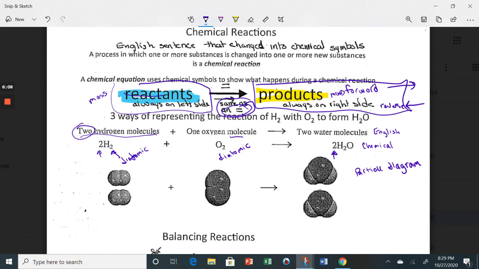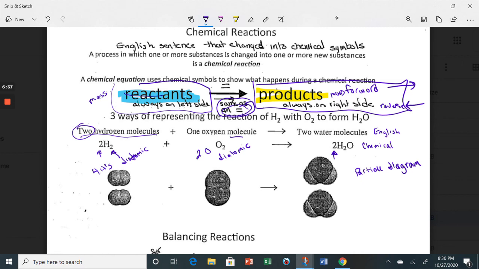Now, what's interesting about this is if I count up my total number of hydrogen atoms, I have 2 times 2, which is 4 H's. If I say how many H's altogether are running around in this reaction, running around in this pot that's sitting in front of us, then I have 2 O atoms.